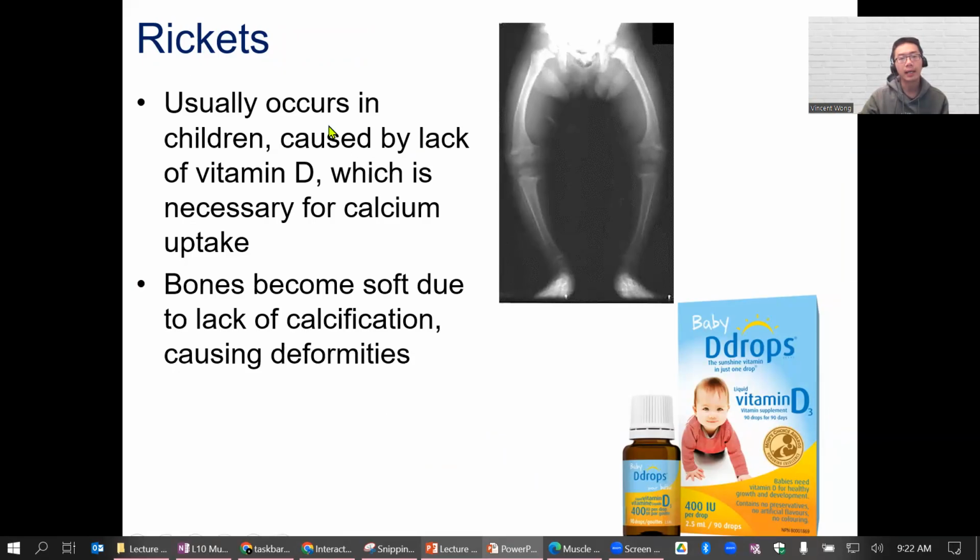Okay, rickets is another condition that could occur when there is a lack of vitamin D. So absorbing calcium from the intestine is actually not quite straightforward. Okay, in order to do that, you need to have the activated form of vitamin D. Now, we can get activated vitamin D by just being in the sun.